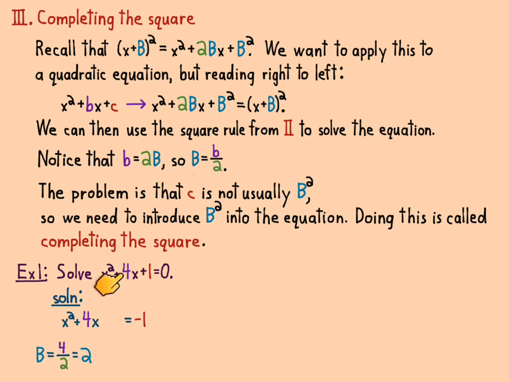I'm just missing the b squared. So I need to put b squared in here. And if I put b squared in here, I have to put b squared over here too, so that my equation is balanced, right? So the value on the left still equals the value on the right.